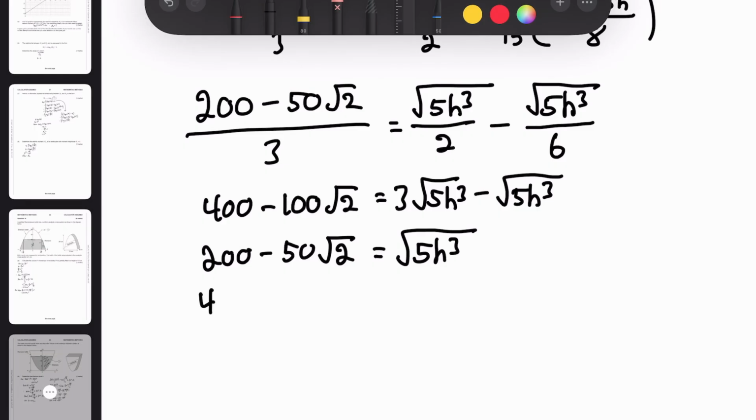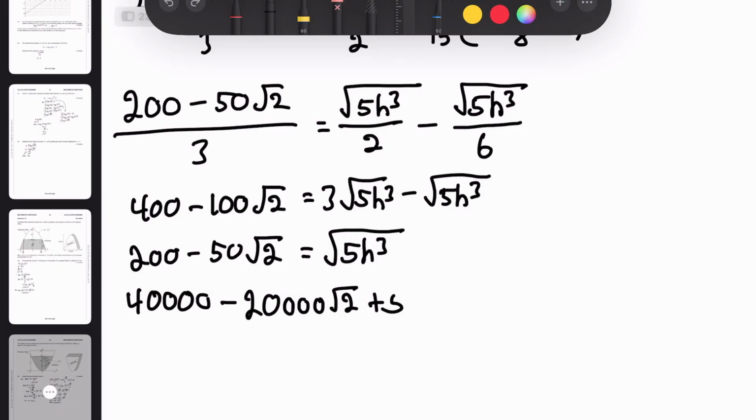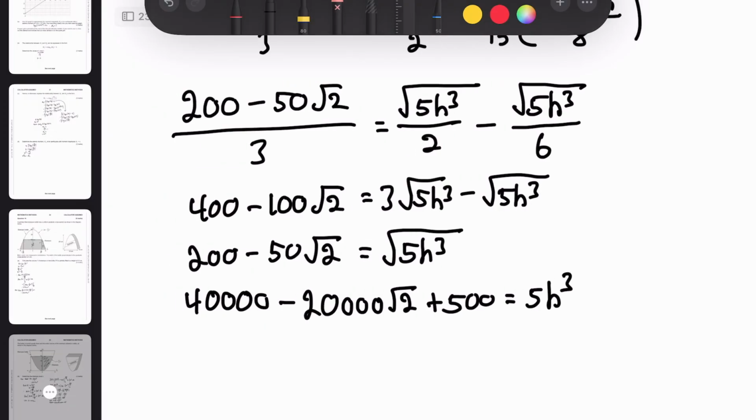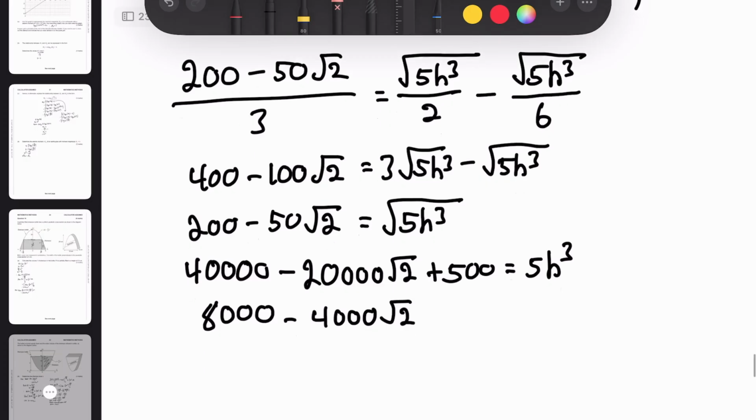Then squaring this, we have 40,000 minus, multiply these two together, 20,000 square root of 2 plus 2,500 times 2, so 5,000 is equal to 5h to the 3. Then dividing everything by 5, we have 8,000 minus 4,000 square root of 2 over 100.